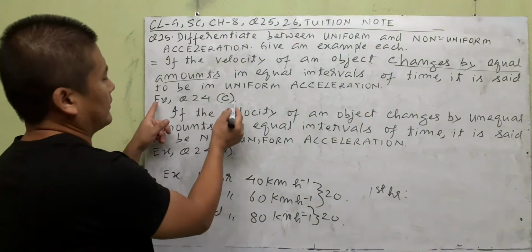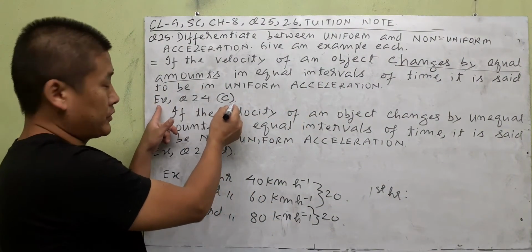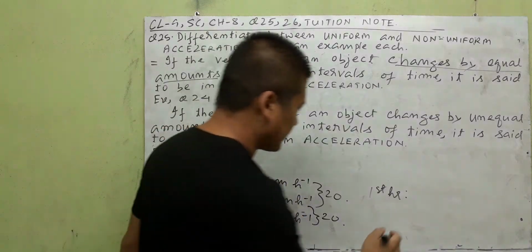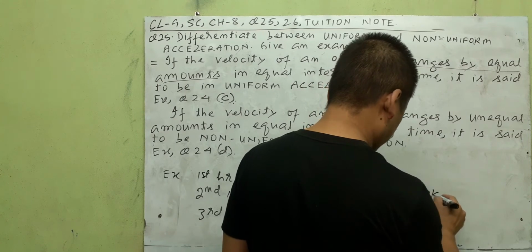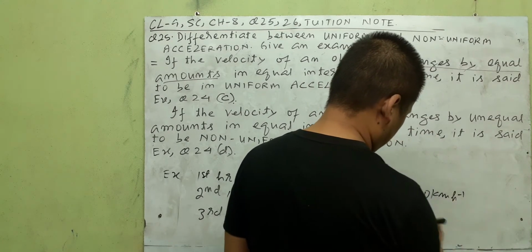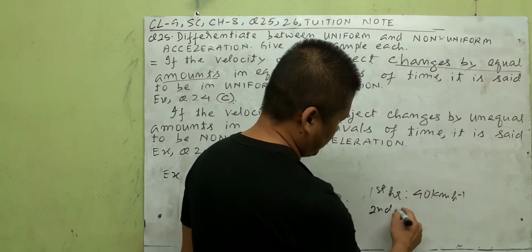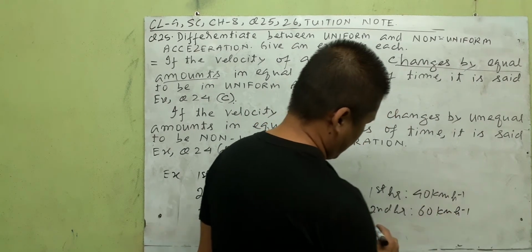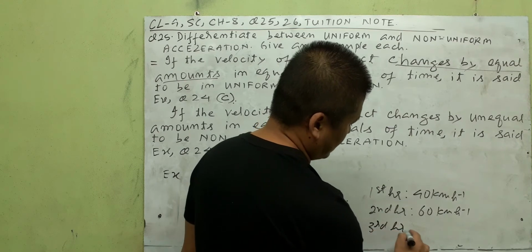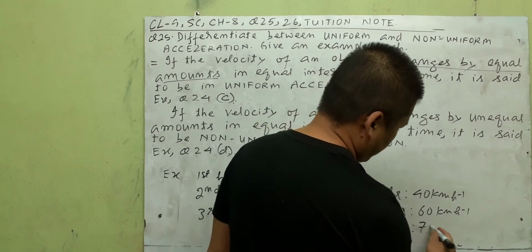You can write the answer according to the example given in the previous question. Then after the second hour, it picked up its speed and went to 60 km per hour. Then in the third hour, again, it increased its speed, 60 to 70.